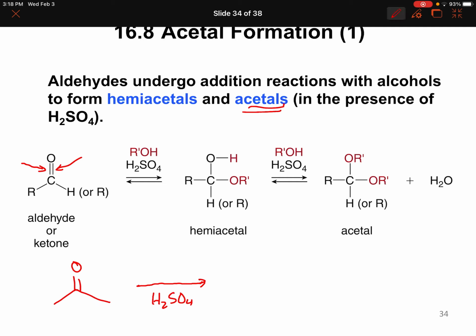So let's make that alcohol a different color here. So what if we used methanol, CH3OH?